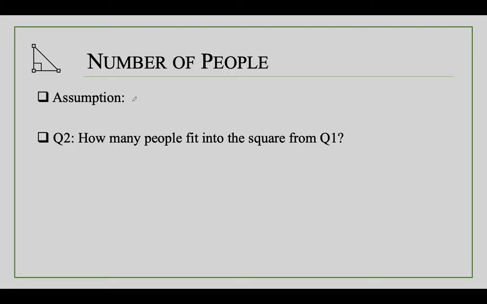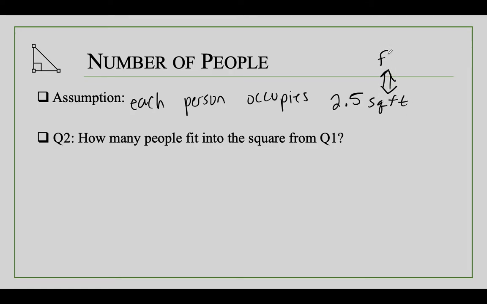So the rule of thumb is that each person occupies 2.5 square feet. Okay, don't be confused that I wrote square feet. It's the same thing as saying feet squared.